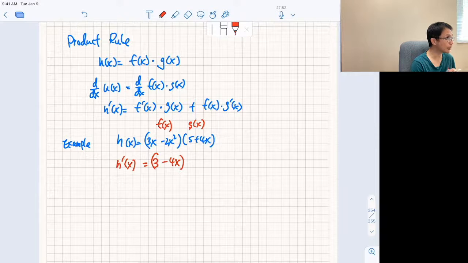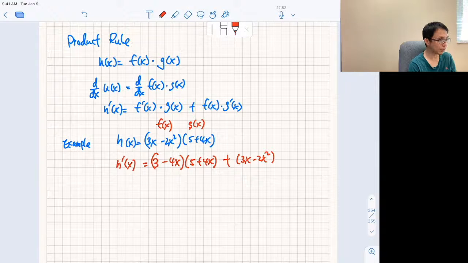And I'm going to leave the second one alone, so I get 5 plus 4x. I'm going to add to it the first part left alone, which is 3x minus 2x squared, times the derivative of the second part. The derivative of 5 plus 4x is 4.